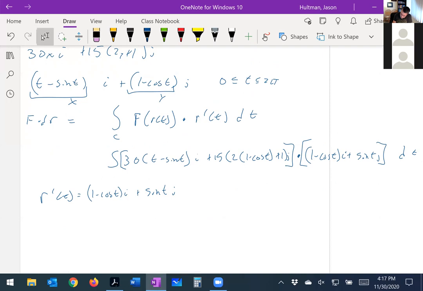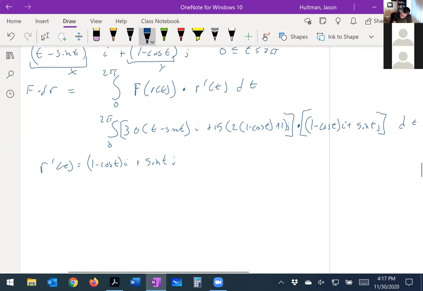C is in terms of t, and the limits for t go from 0 to 2 pi, right? So we do know what our limit is there, 0 to 2 pi. Okay, so now we're gonna dot this thing.